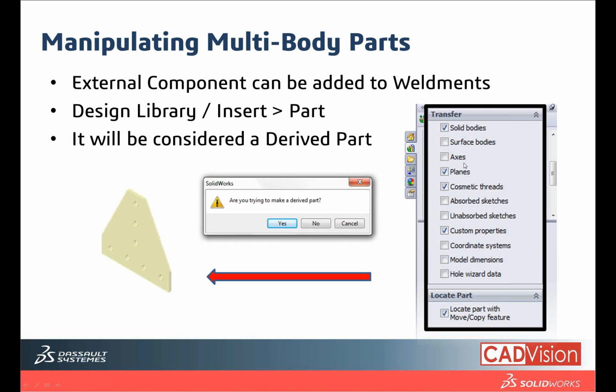The axis, the plane, cosmetic threads, custom properties, and the coordinate systems. So what I always do is check on the solid bodies, plane, coordinate systems and custom properties, so that it is easier as a reference for me to mate between parts and these derived parts.